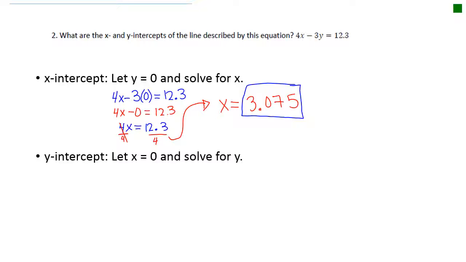To find the y-intercept, we're going to make x equal to 0 and then solve for y. That means wherever we see x in our original problem, we'll replace it with 0.